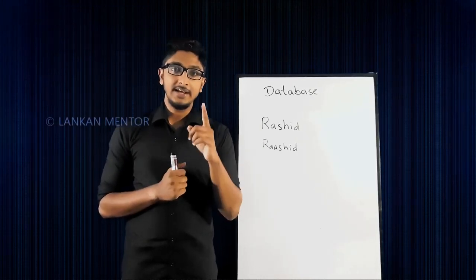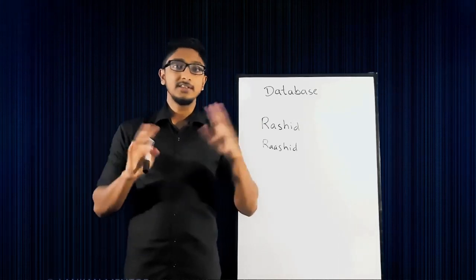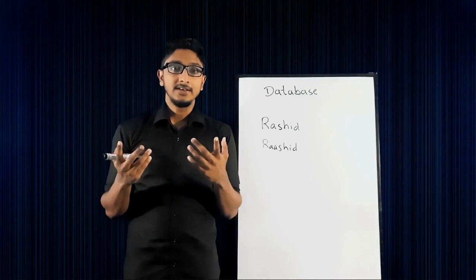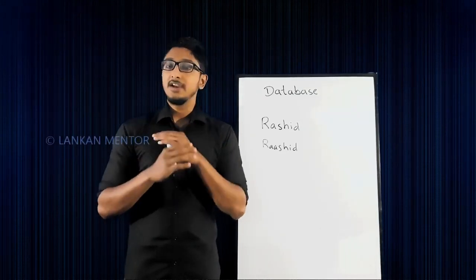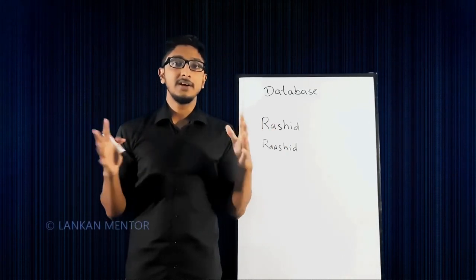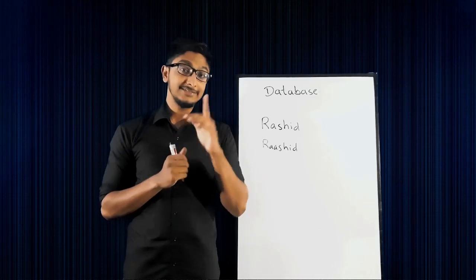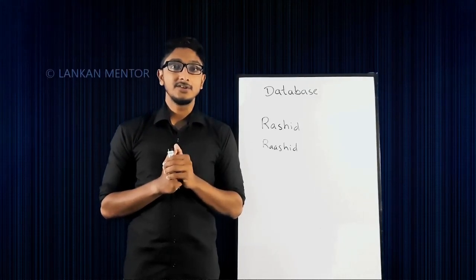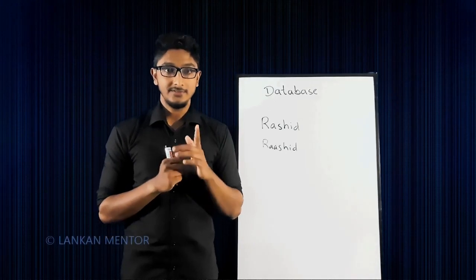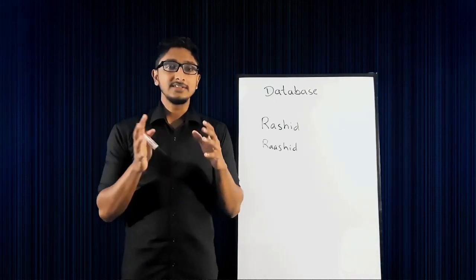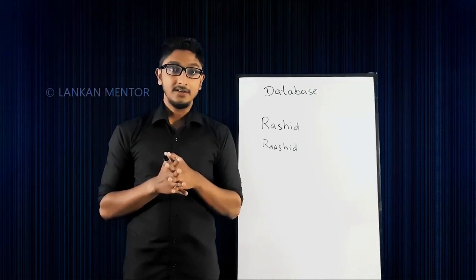If you change my name in the students table, and if the students table is connected to other tables, automatically when you change my name in the student table, my name will get changed in all the other tables wherever my name is connected, right? So that is another big advantage of having an electronic database, right? Okay, so those are some advantages that we have to discuss about databases, all right?